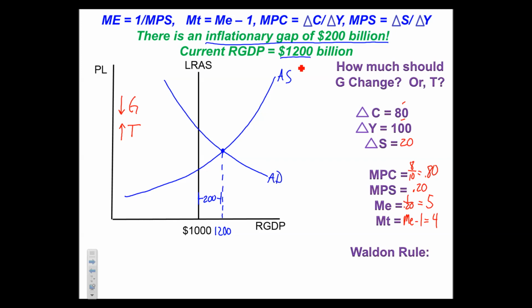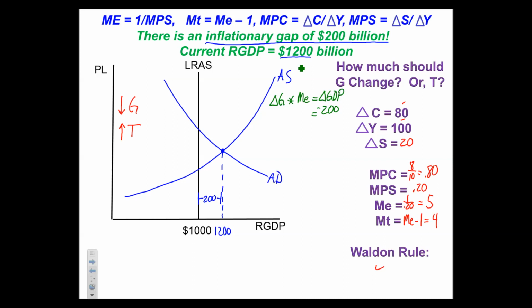Now we're going to apply the same rule again. Change in government spending times the expenditure multiplier will give you your change in GDP. We want GDP to change by 200, so we want to reduce GDP by 200.